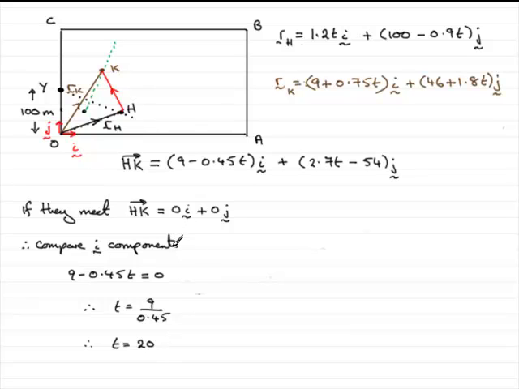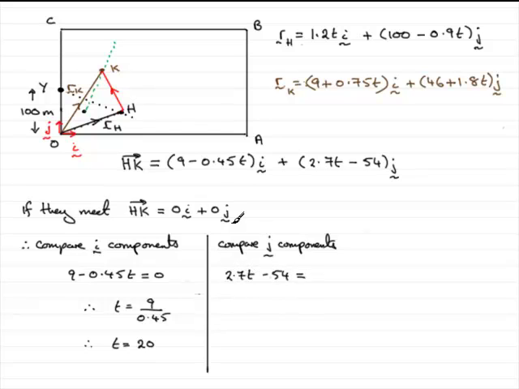Now that's not sufficient, okay? What we must do is make sure that the same t value gives us also 0 for the j component. So if we compare the j components now, then what we have is 2.7t minus 54.